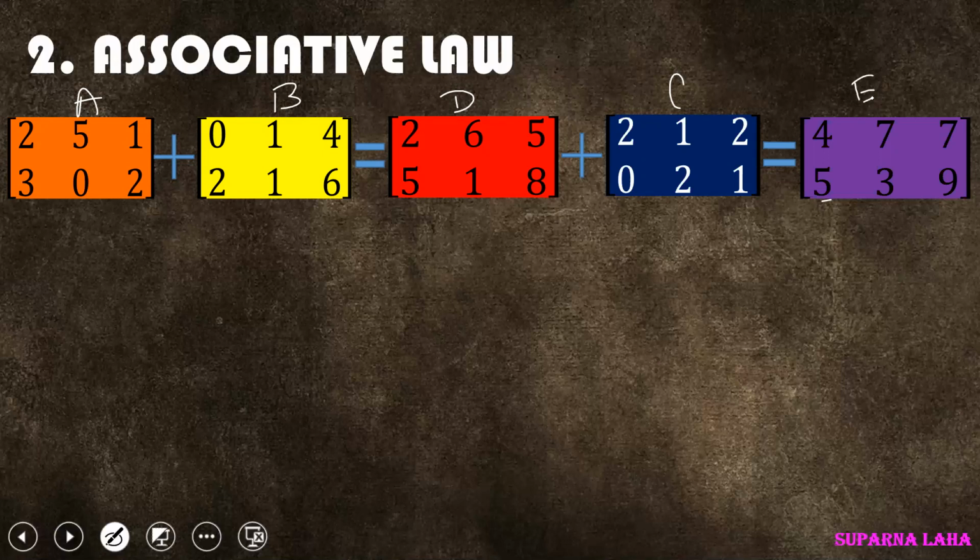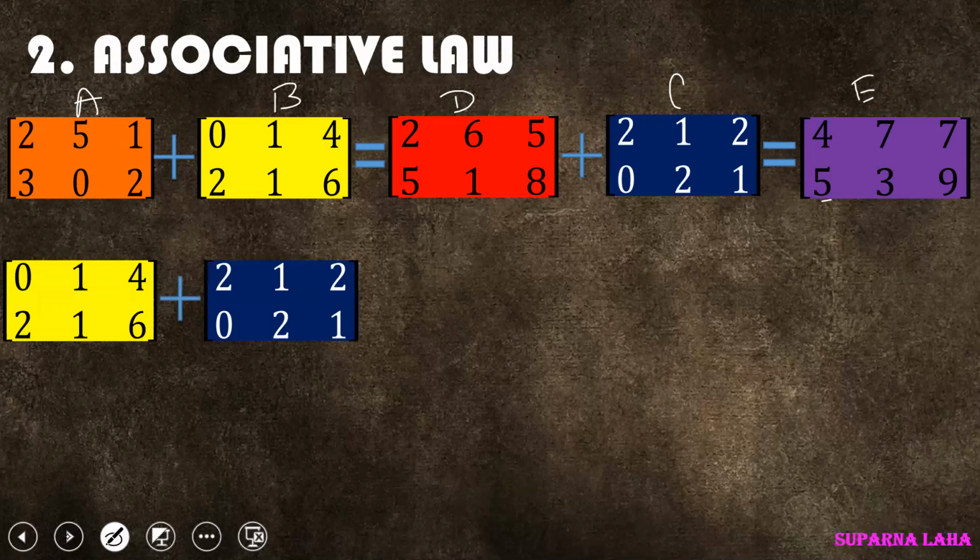Okay. Now, let's change their positions, that is, change the position of A, B, and C. Firstly, I'm taking B and then adding with C. B plus C, you will find a matrix like that: 2, 2, 6, 2, 3, 7.